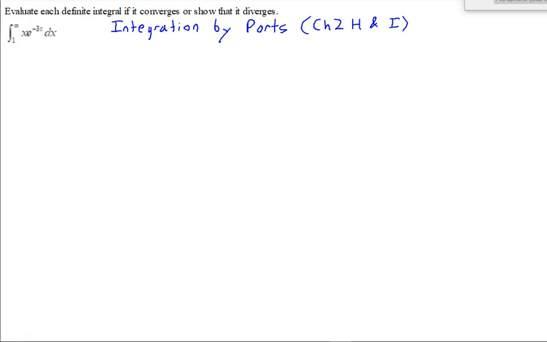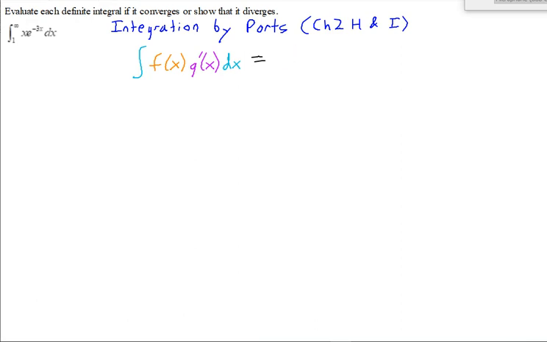For the formula, remember you have to set one part of the integral equal to f of x, and one part equal to g prime of x. Remember, it comes from the product rule, so it has the same components, just in a different order.